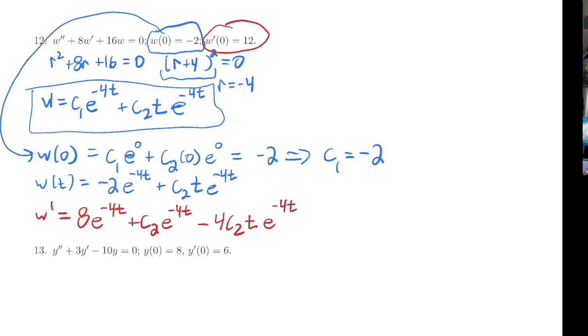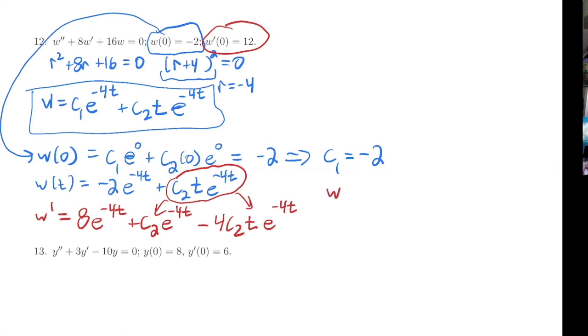And notice on this term over here, we had to use the product rule, and that's what gave us those two terms. And then we would plug in this initial condition that at time 0, the derivative would be 8 plus C2 minus 0, that all should equal 12. So that gives a C2 value of 4, solving for C2.